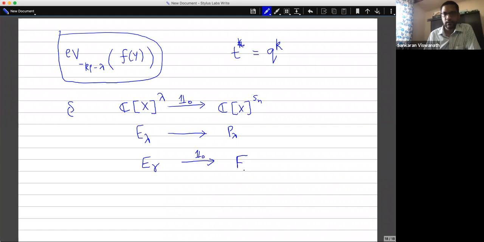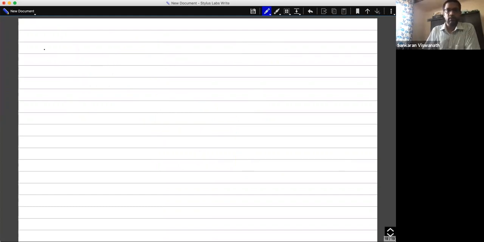So I'll call this F gamma, using Arun's notation. This is called the symmetrization of E gamma. And so here's the statement. The explicit constant can also be worked out. So what is F sub gamma? Recall, you just apply 1, 0 to E gamma.